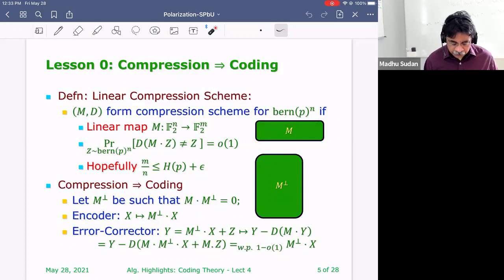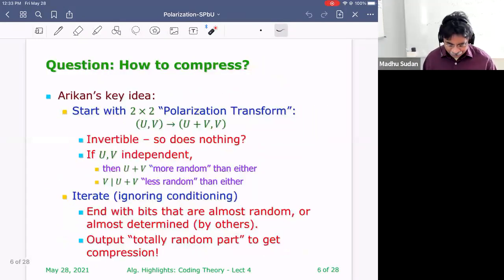The compression will map a sequence z to the vector m times z, and the decompression will take m times z and produce as output z, hopefully with high probability when the z's are Bernoulli, independent and identically distributed random variables. So this is what we want to design, and if we can design it, then we are done. This was the analysis, and I will not go over the analysis again. I didn't go over it last time either, and we'll do that again today.